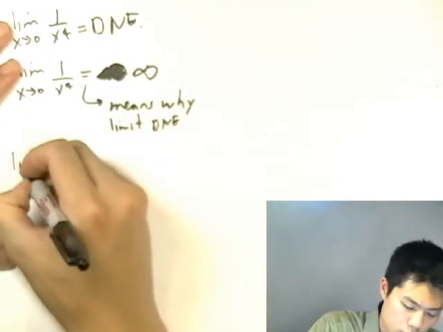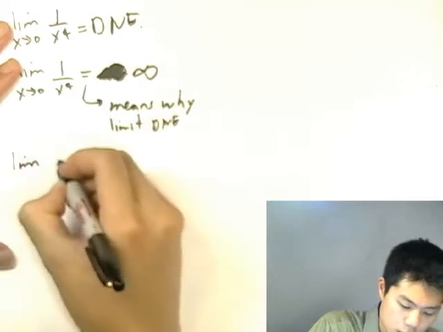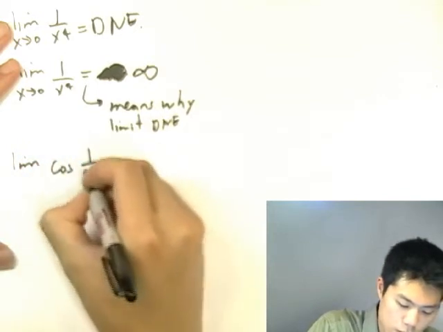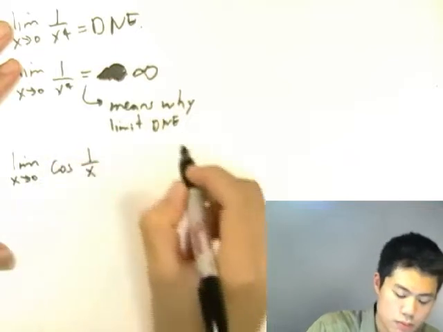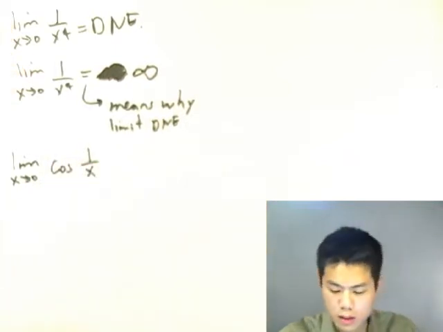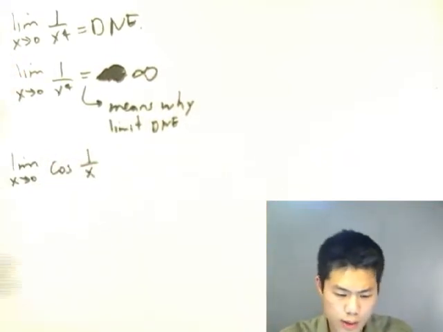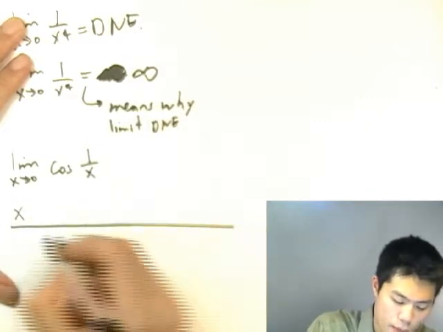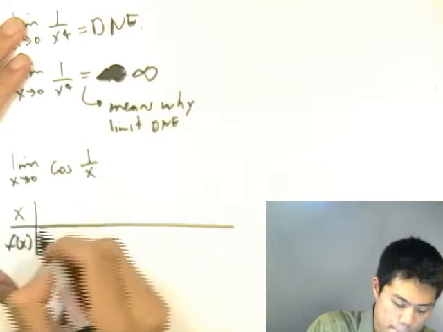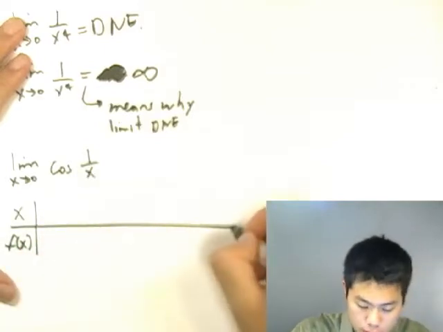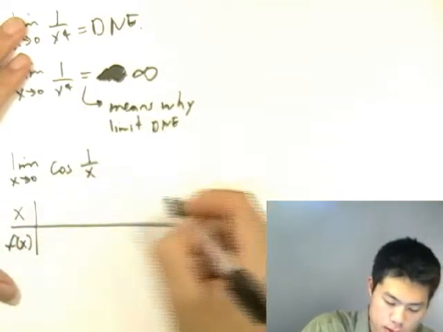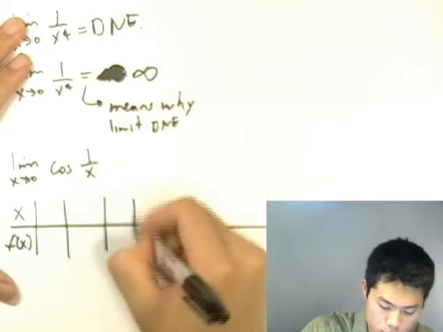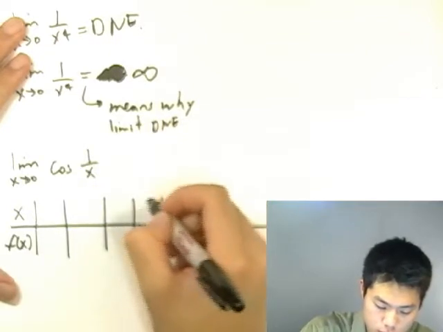And let's do the limit of cosine of 1 over x as x approaches 0. Doesn't look too harmful, but you know what? Let's do a table. Let's start from the left side and from the right side.